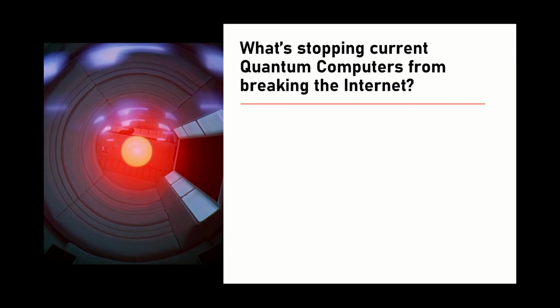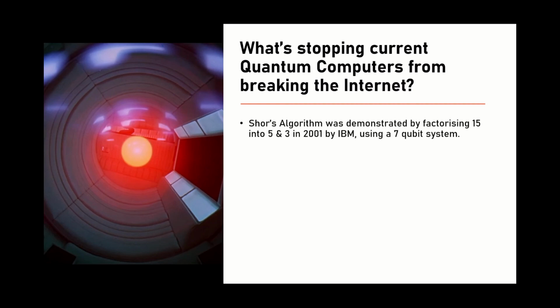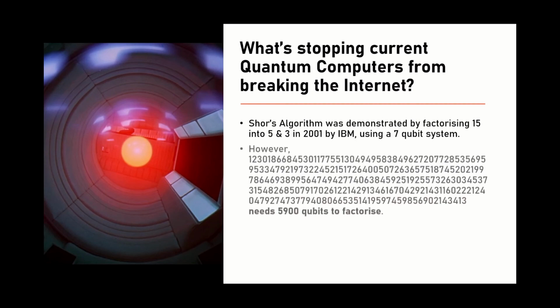So what's stopping current quantum computers from breaking the internet? Well, Shor's algorithm has already been demonstrated by IBM using a 7-qubit system to factorize 15 into 5 and 3. However, the numbers we see in RSA encryption will need 5,900 qubits to factorize.